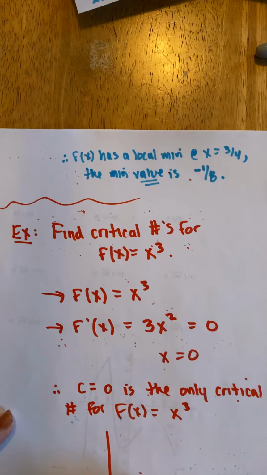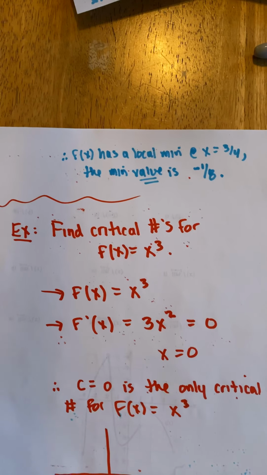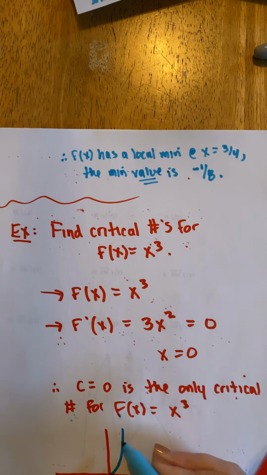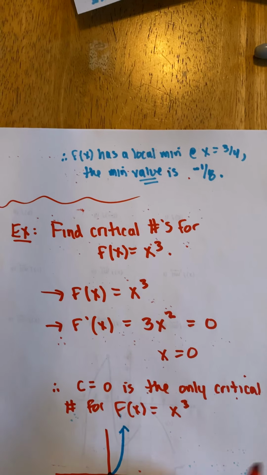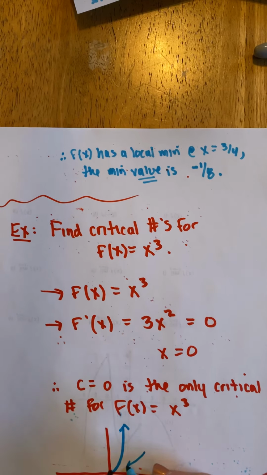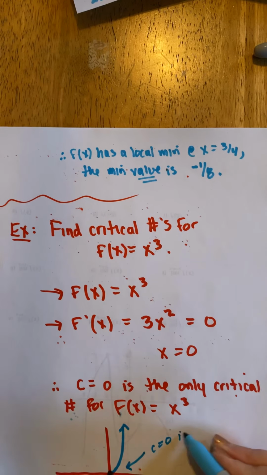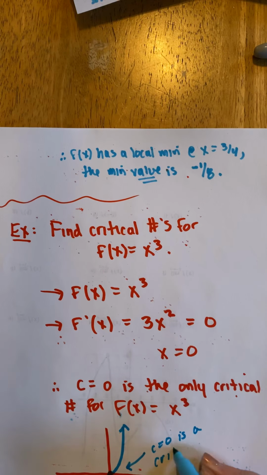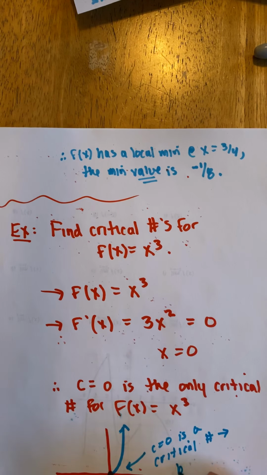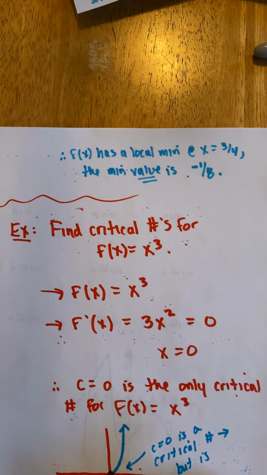But if we graph this, we should know what a cubic function looks like. But if you forget, you can pop it into your grapher. It looks like this. So something kind of funky happens here at 0, but it's not the top of the hill or the bottom of a valley. So c equals 0 is a critical number, but is neither a local max or min.